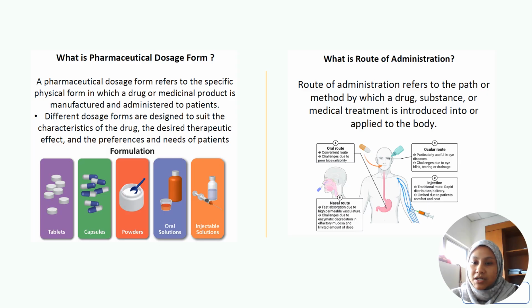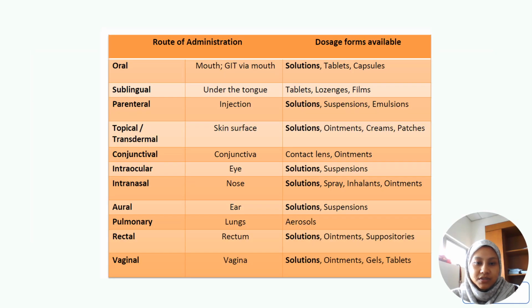Route of administration basically refers to the path by which a drug substance or medicinal product is administered into our body. It can be through oral route, ocular, or through the eye, through injection, nasal, vaginally, rectally, and as I say, many more. These are some examples of routes of administration.